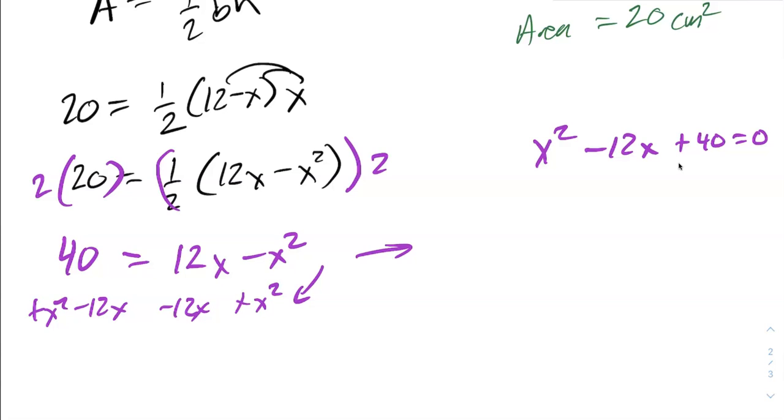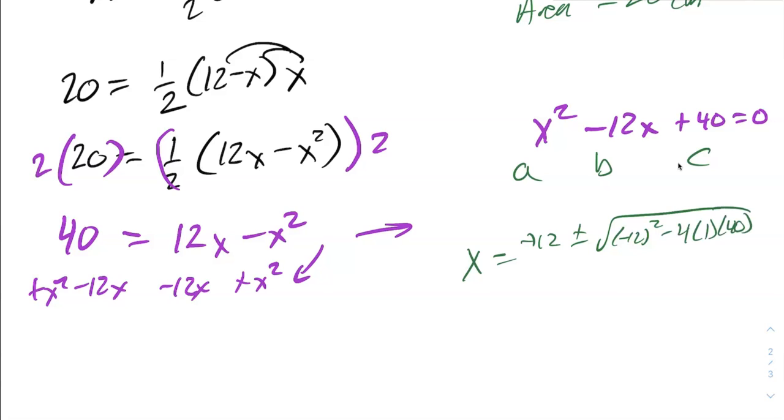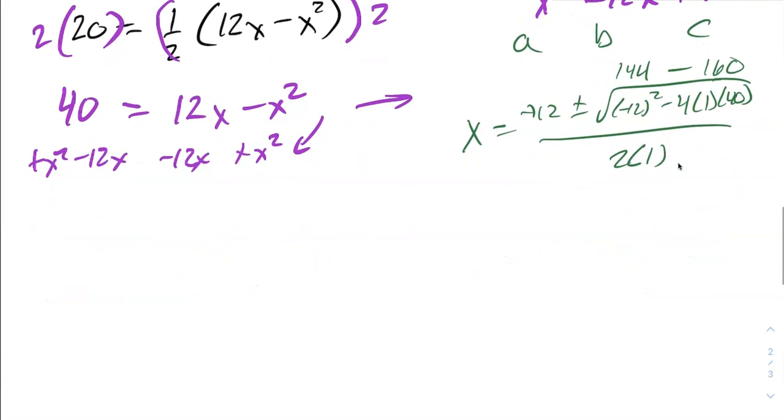So no, I think it's prime again. Great. So quadratic formula. x equals negative 12, oops, positive 12 actually, plus or minus the square root of negative 12 squared minus 4 times 1 times 40, all over 2 times 1. This is 144 minus 160, and look what's happening there. I get 12 plus or minus the square root of negative 16, over 2.